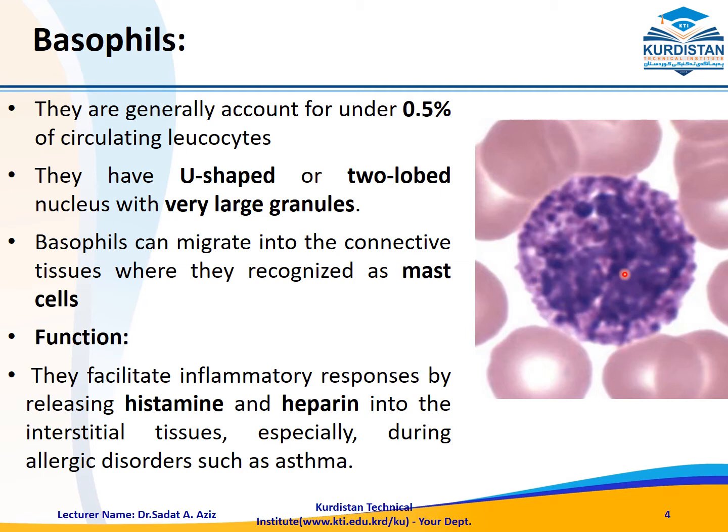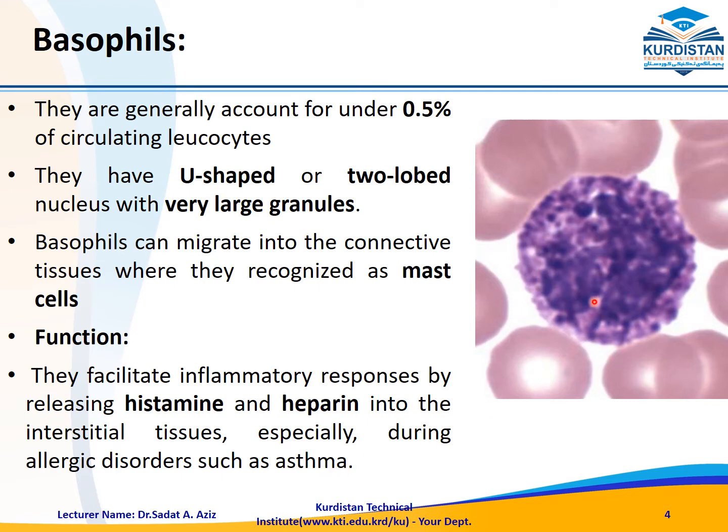So normally basophil is involved with the process of allergic reaction, and it facilitates the inflammatory responses by releasing histamine and heparin. You know, histamine is the allergic agent, mainly released during the allergic reactions, and the heparin is responsible for preventing the blood coagulation.